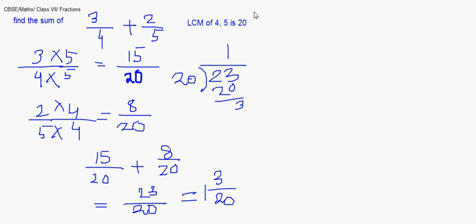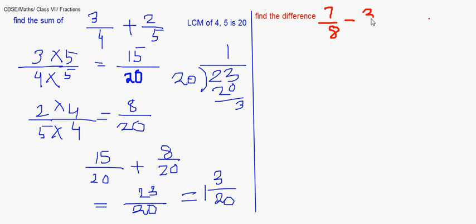We have taken one addition, we can take one subtraction as well. It says: find the difference. 7 by 8 minus 3 by 4.